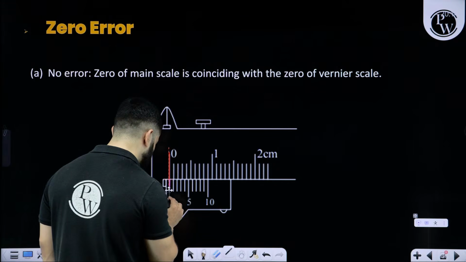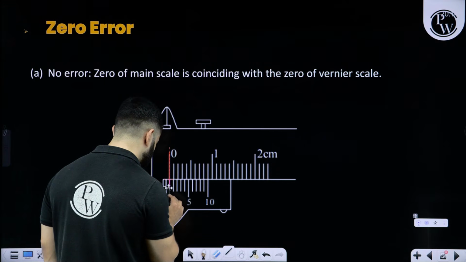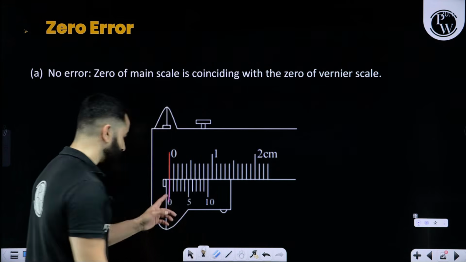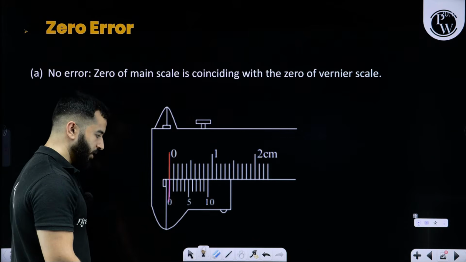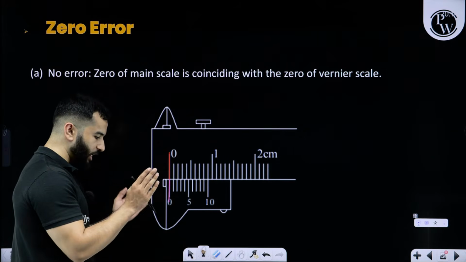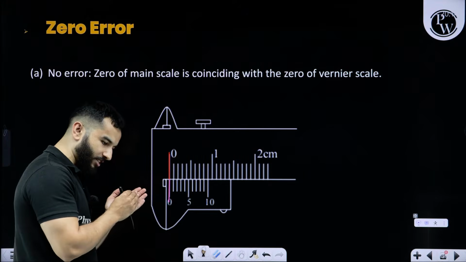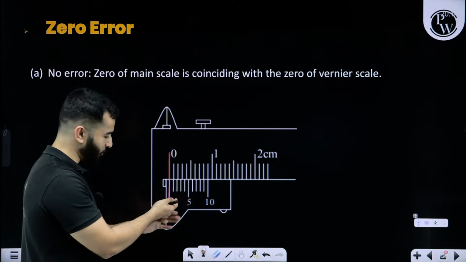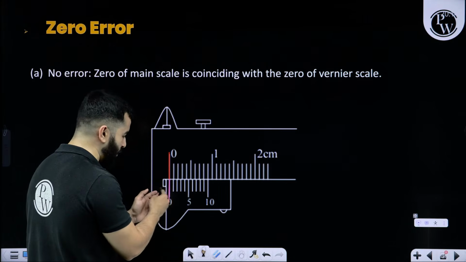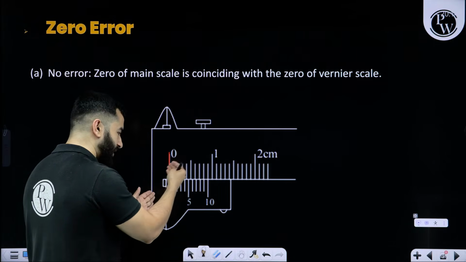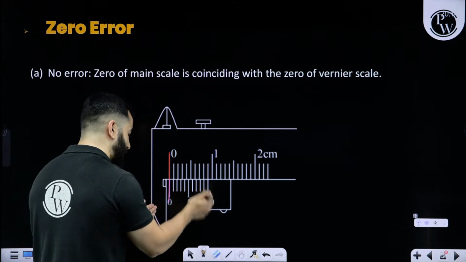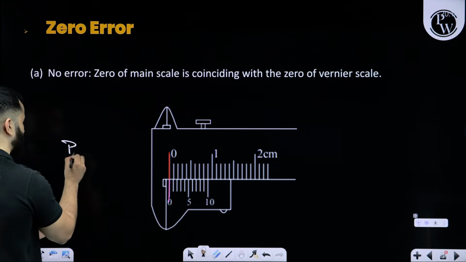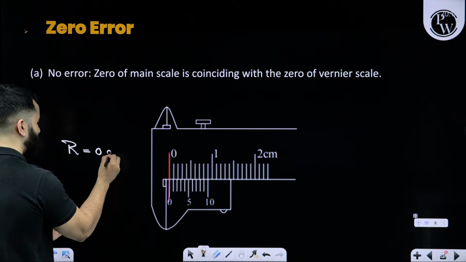This basically signifies that there is nothing in between. So we are trying to match our answer from the reading with what we are observing. We are observing that there is nothing in between these two jaws, and the vernier caliper is also giving a reading of 0. The final reading is 0 centimeter.